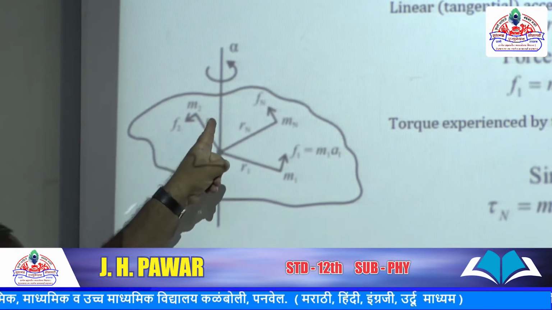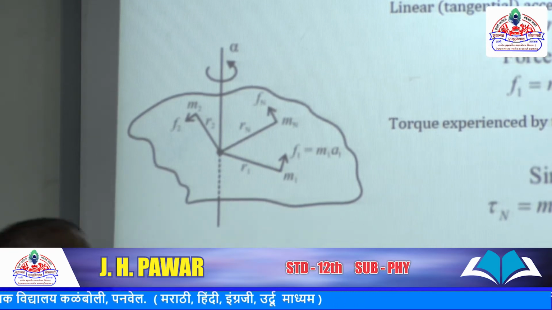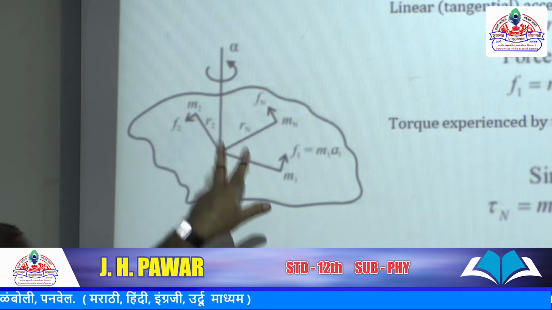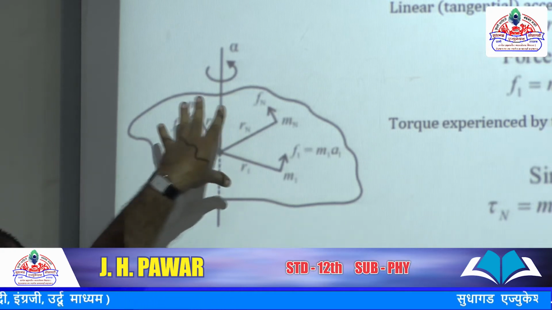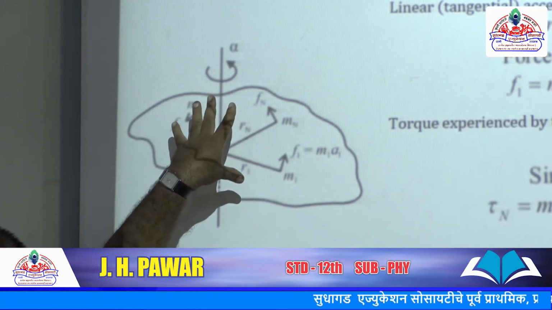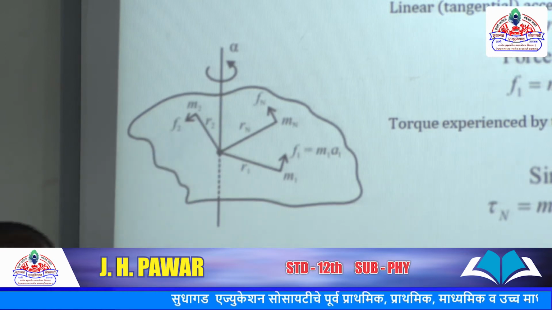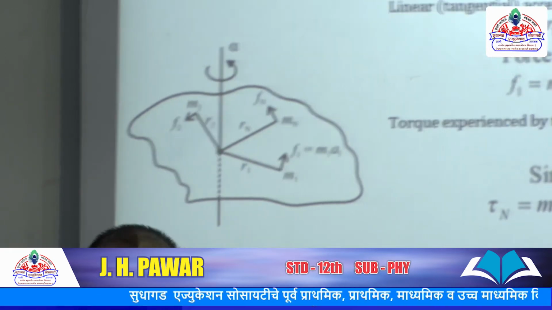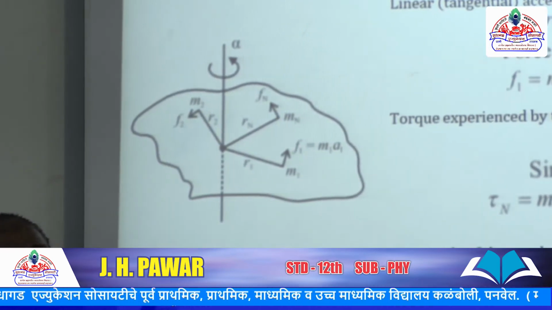And thereafter, figure shows a rigid object which is rotating about an axis perpendicular to the plane of the paper with uniform angular acceleration alpha.